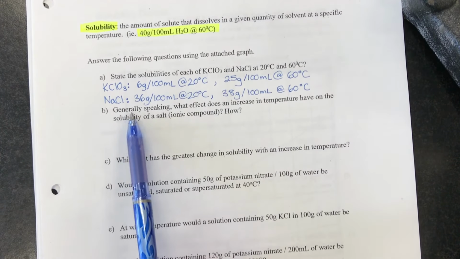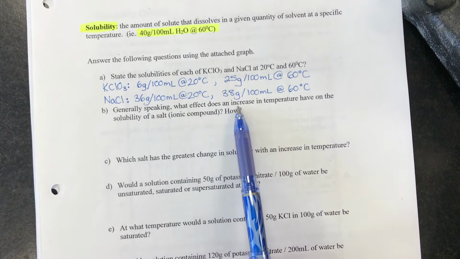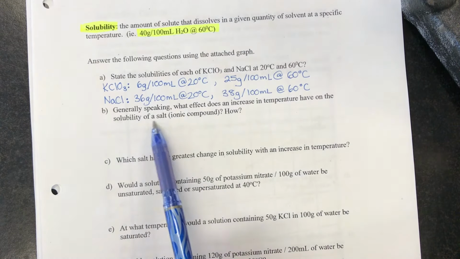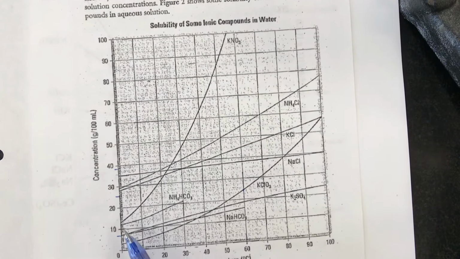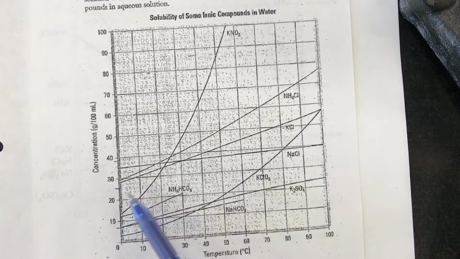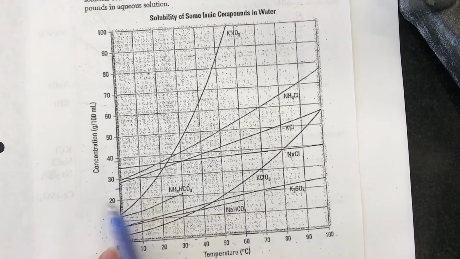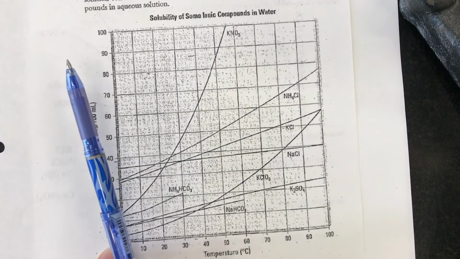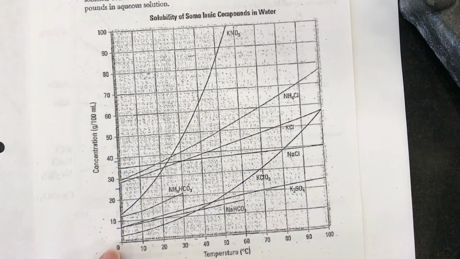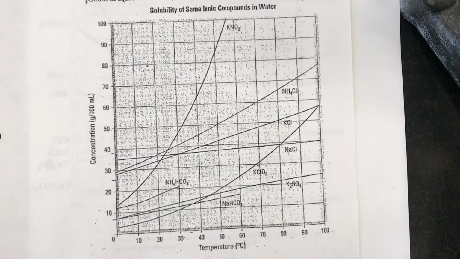Okay, B. Generally speaking, what effect does an increase in temperature have on the solubility of a salt? So salts are just any ionic compound. And so let's look at this. As we go from a low temperature over here to a high temperature, what does it look like all of the lines are doing as they go from left to right? I'm going to give you guys a second just to think about that.